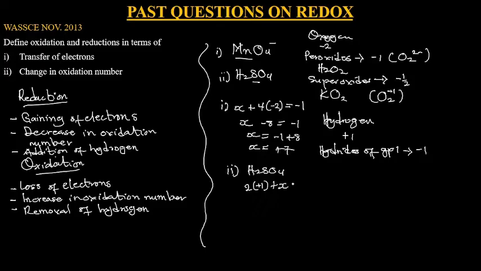So let's call it X. And then we have four oxygens each with minus 2 equals 0. There is no charge here, so it's equal to 0. So this is 2 plus x minus 8 equals 0. So x is going to be equal to, if we take minus 8, it becomes plus 8. If we take plus 2 to the other side, it becomes minus 2. So x will be equal to plus 6.